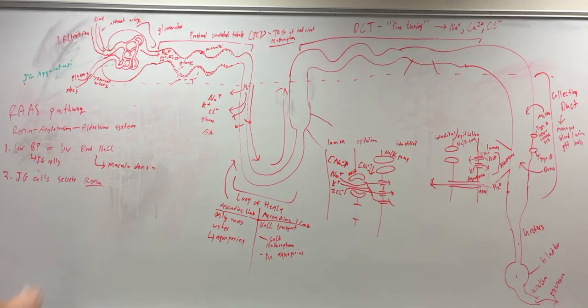So renin is the first hormone in the pathway, and what is renin going to do? Renin is going to go seek out these molecules called angiotensinogens, and these come from the liver.